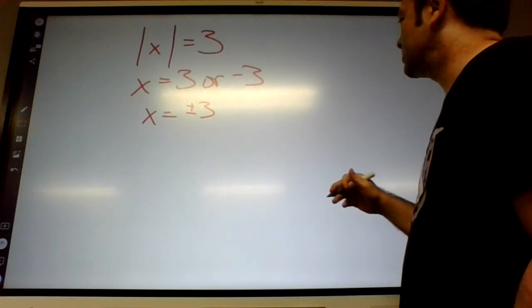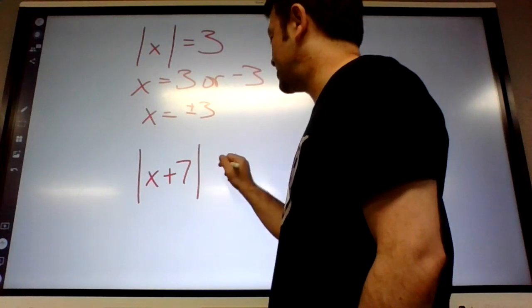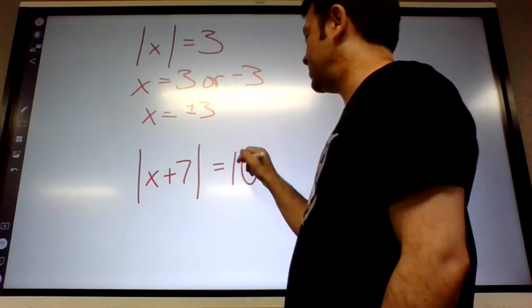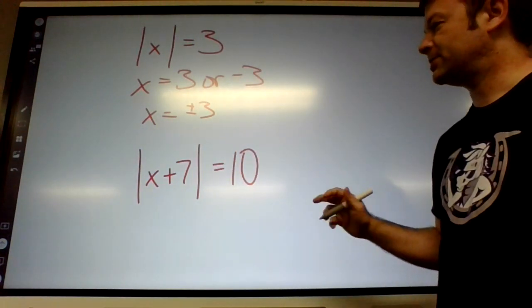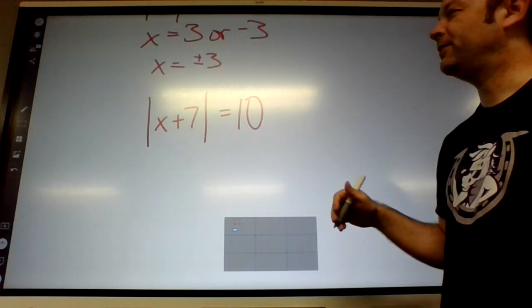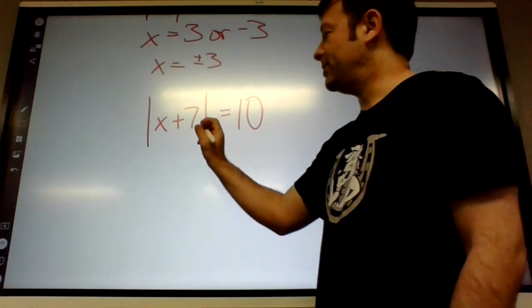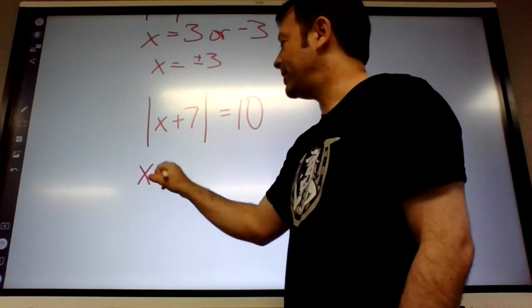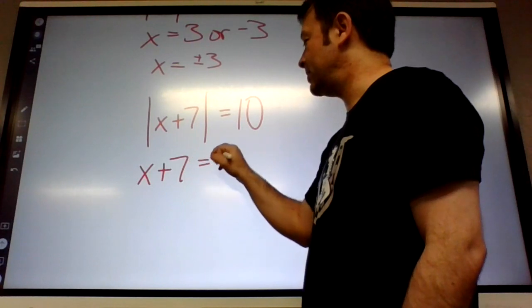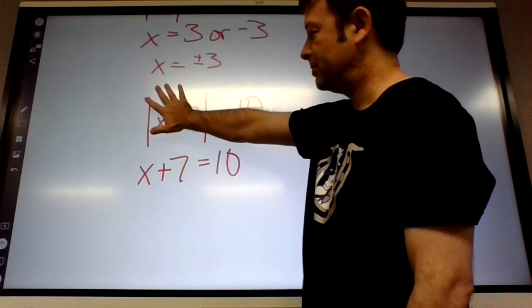Now, okay, I'll go ahead and do this. If we had x plus 7 equals 10, what could x be in this case? 3. Okay, here's how we're going to do it. We know that x plus 7, this right here, could actually be a 10, right?